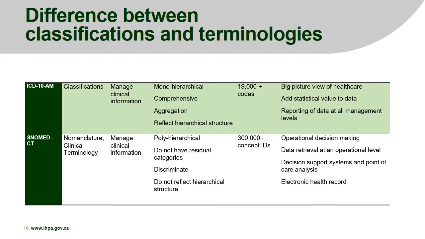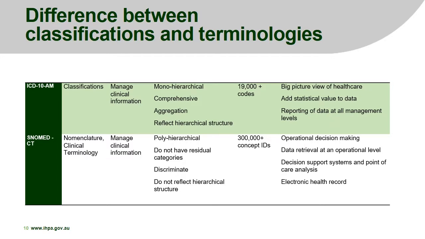Whereas a terminology is polyhierarchical, it doesn't have residual categories such as other and unspecified codes, it discriminates, and it doesn't reflect a hierarchical structure. A classification such as ICD-10 has 19,000 plus codes, but a terminology such as SNOMED CT has more than 300,000 concept IDs. Both serve important purposes, but different purposes.